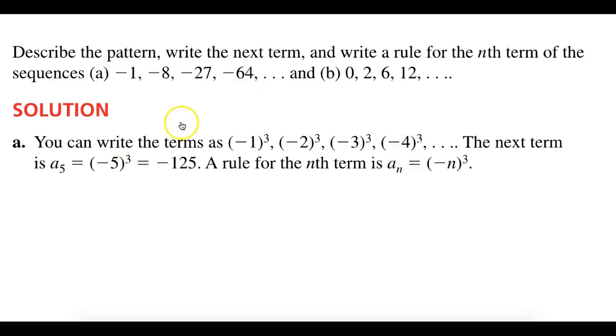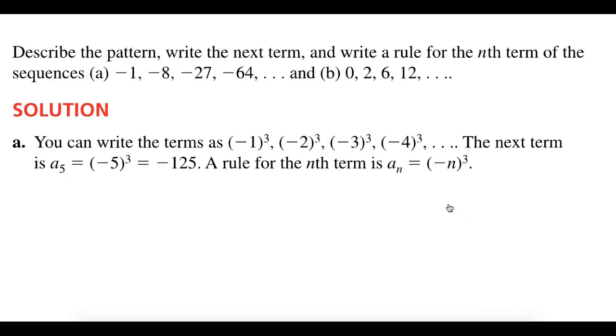Obviously the next term would be -5 cubed, which is -125. A rule for the nth term is just -n to the third power. So that's how we do it here.